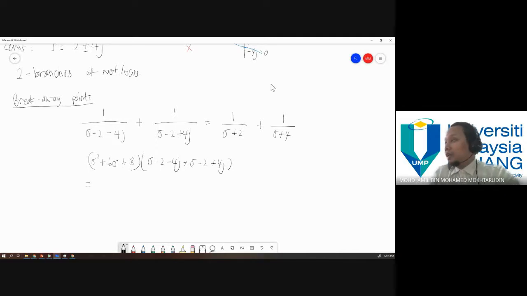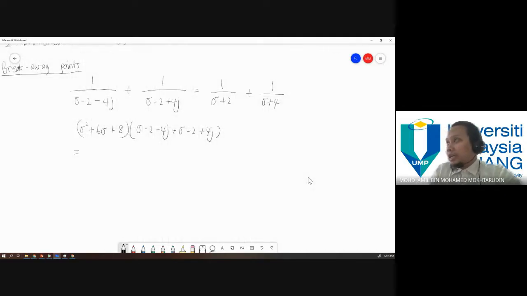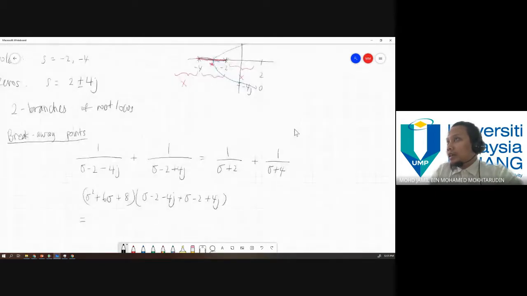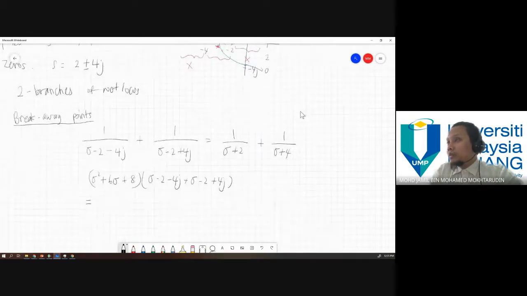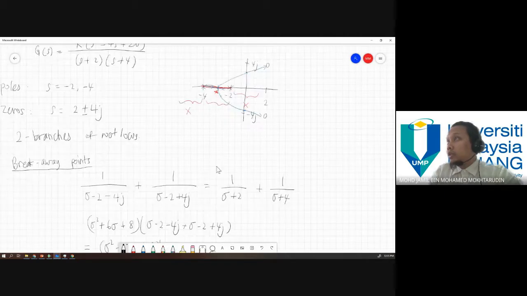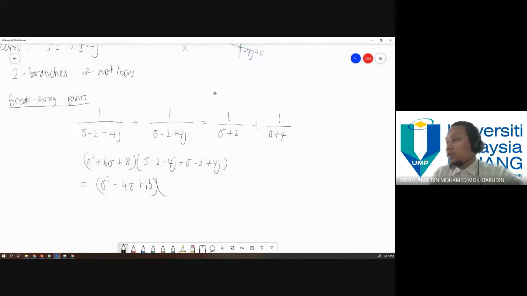So it equals sigma squared minus 4 sigma plus 13 times, plus 20, plus sigma plus 2 plus sigma plus 4.